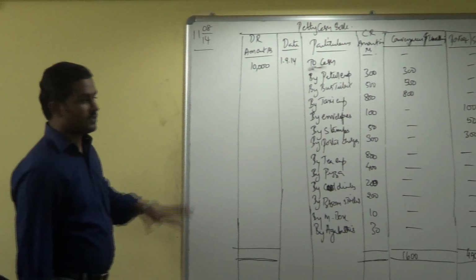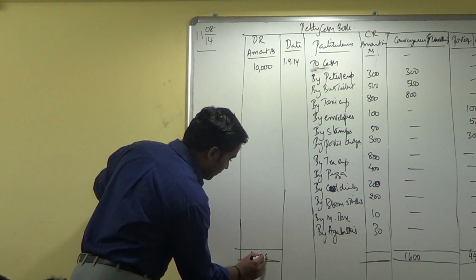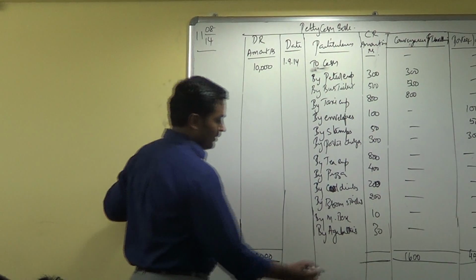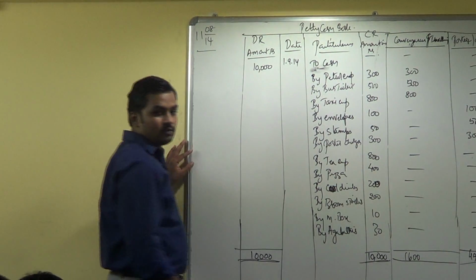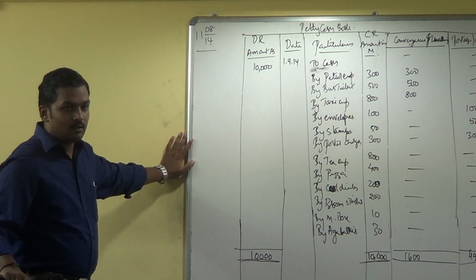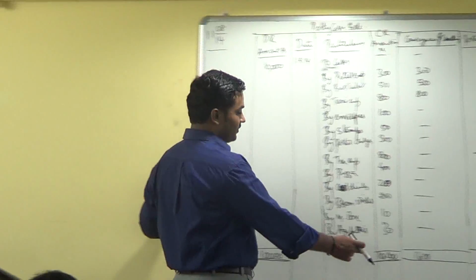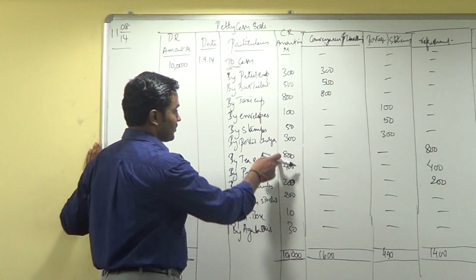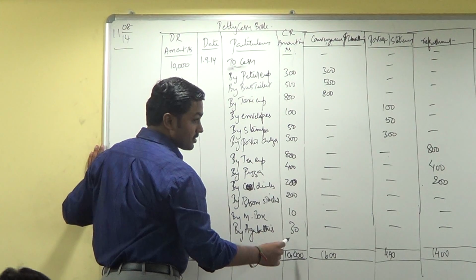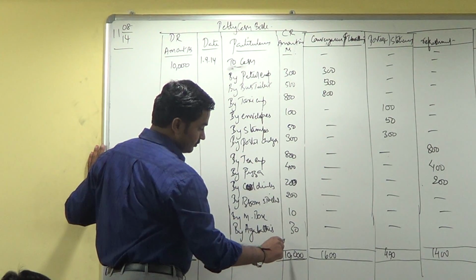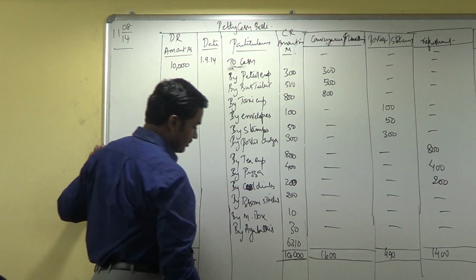Now, how will you balance? The total debit side is 10,000. Write the same total on the credit side also. Out of this 10,000, subtract these items. How much? 6,310 rupees.